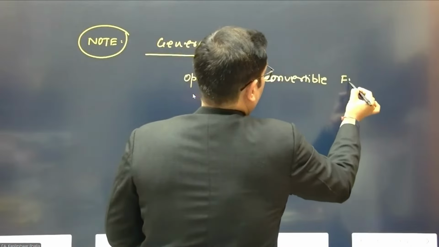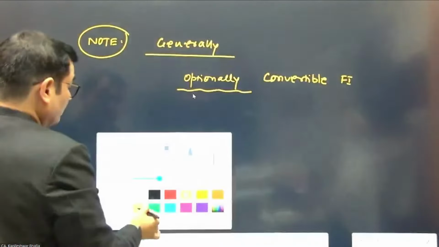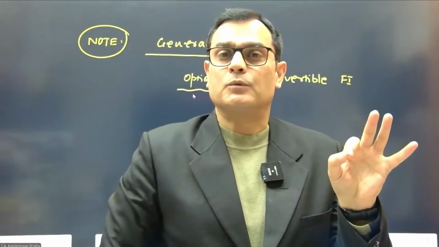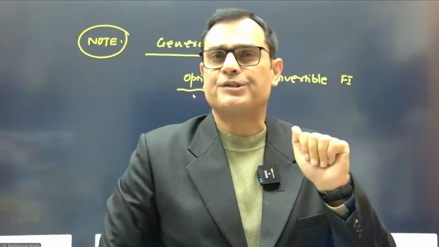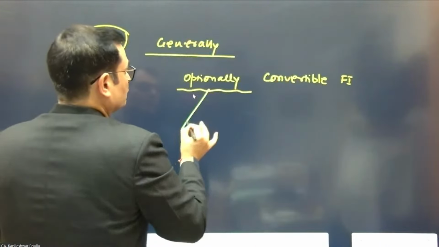If a company issues an optionally convertible instrument, now you would recall we decided something. The interest rate which a company pays on an optionally convertible instrument is generally less as compared to a non-convertible instrument.